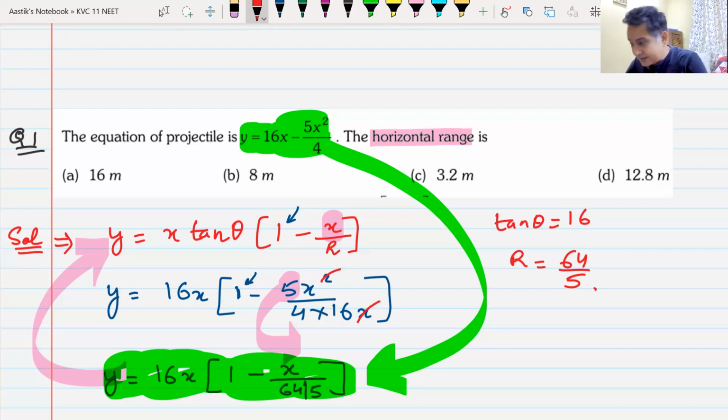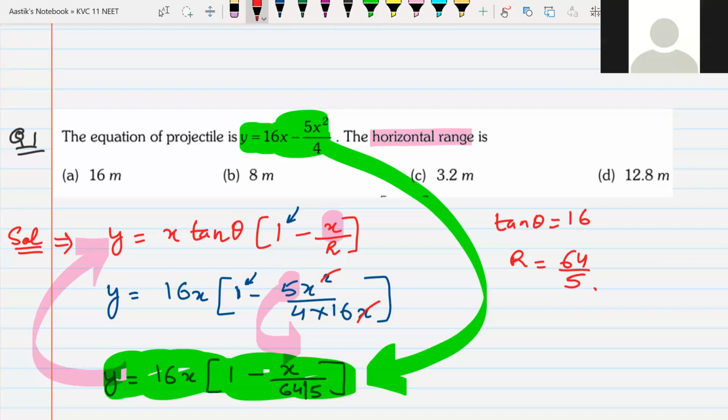Simple. I'll give you 1 minute to do this. I'll give you one more question on this so that you become confident. Note it down and then solve the next question. Please let me know once you are done. Completed, sir.